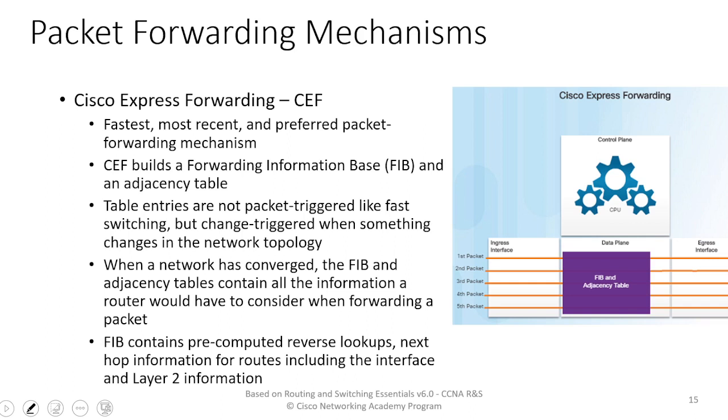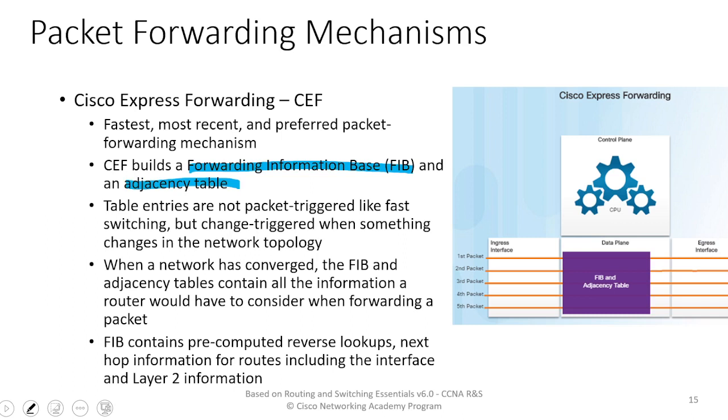One of them is Cisco Express Forwarding, or CEF, and it is somewhat similar to the fast switching approach, but it has additional capabilities. It has the forwarding information similar to fast switching, but it also uses an adjacency table.